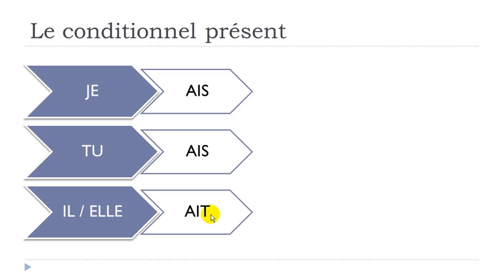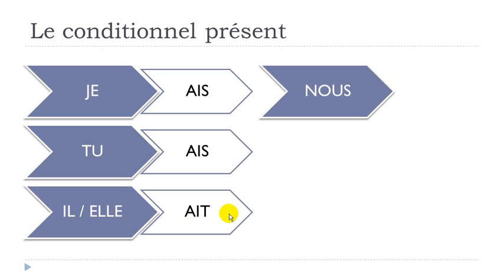The good news is that even if we write them differently, like you see here, we pronounce them the same way. And it goes like e, e, e. All right? So as usual in French, what you pronounce is not that difficult in a way, but then remember how to write them. A-I-S for je, A-I-S for tu, A-I-T for il, elle.